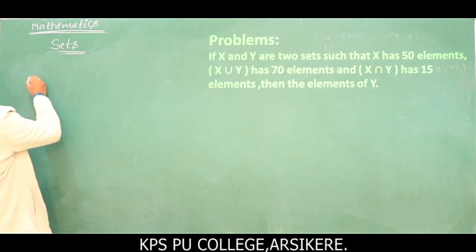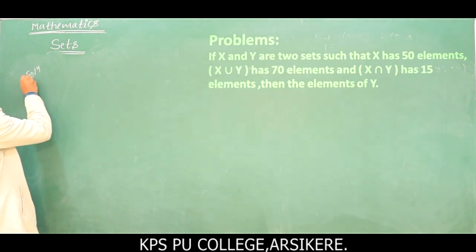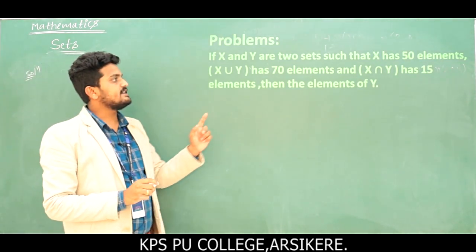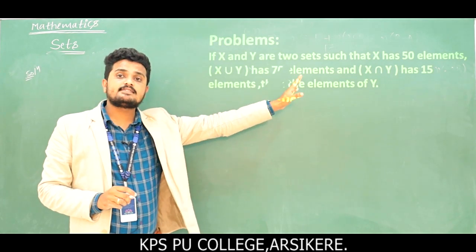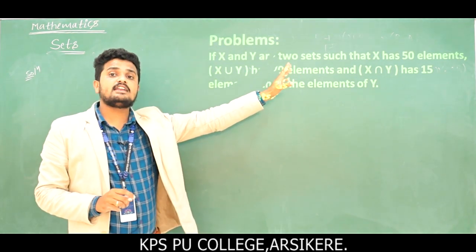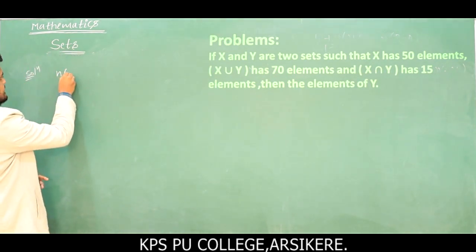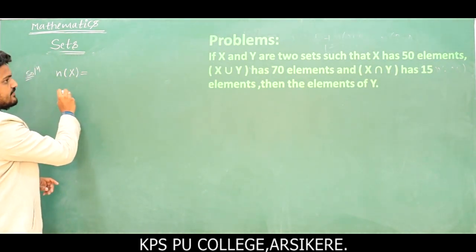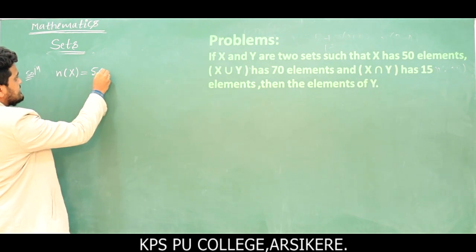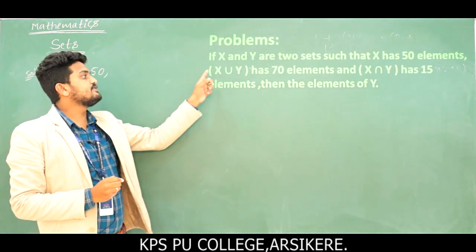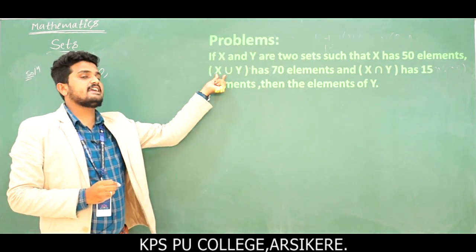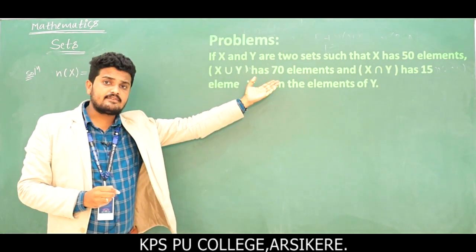The solution is already given. x and y are two sets, x has 50 elements, that means they have already given the number of elements in the set x, that means n of x is 50. Next, the number of elements in x union y they have already given as 70, right?